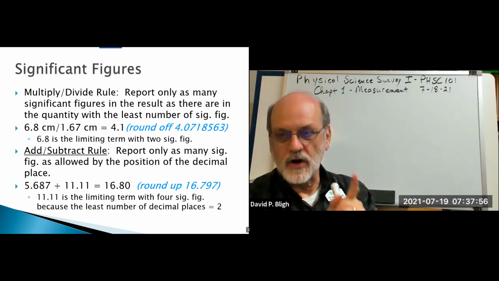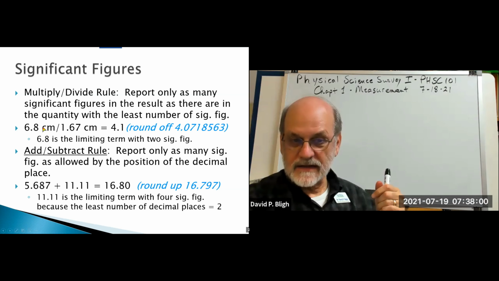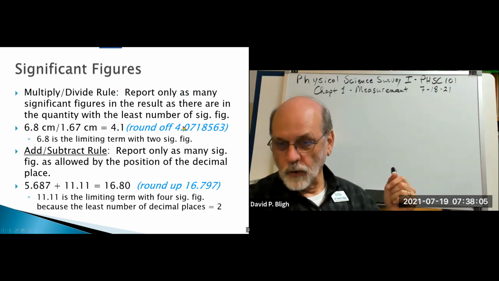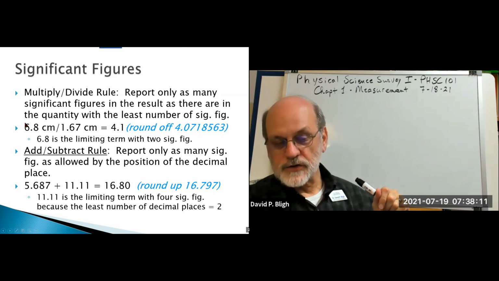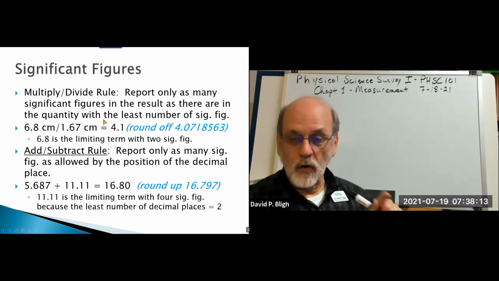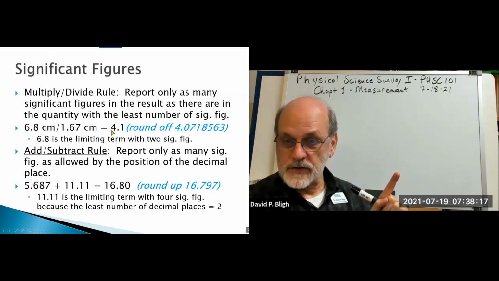That's the limit on your answer. For example, 6.8 divided by 1.67 is 4.0718563. You have 3 significant figures here, 2 there. Your answer can only have 2 significant figures.